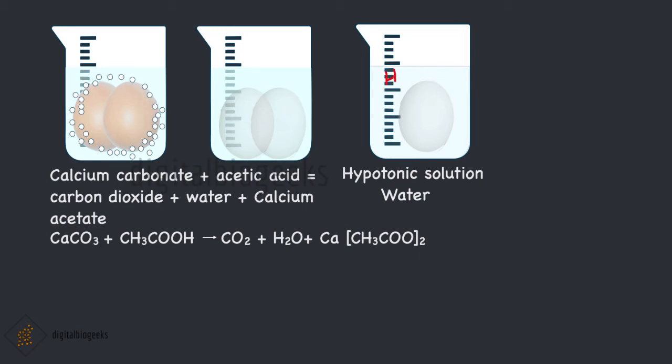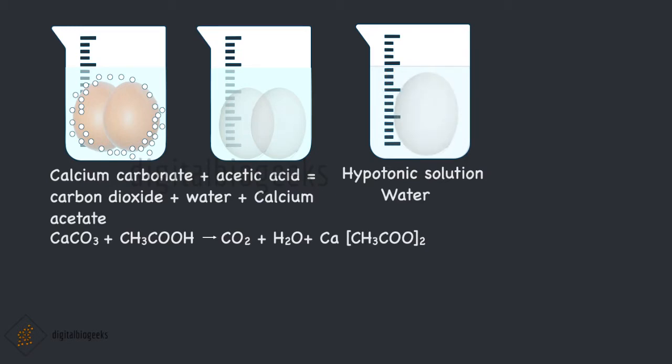Here the concentration is high and here the concentration is low. Then water will move from a region of higher concentration to a region of lower concentration. That means water will move into the egg and the egg will get swelled.